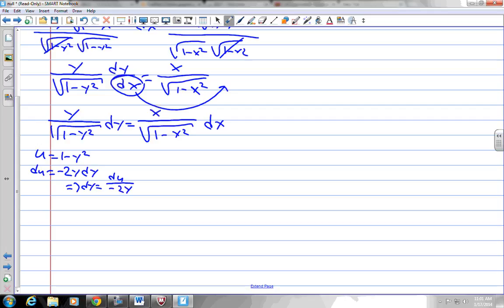If we substitute, you'll get y over the square root of u, and then du over negative 2y. So the y's cancel. Negative 1/2 is a constant, it can come out, and we're left with an integral of just u to the negative 1/2 du. Is that okay?